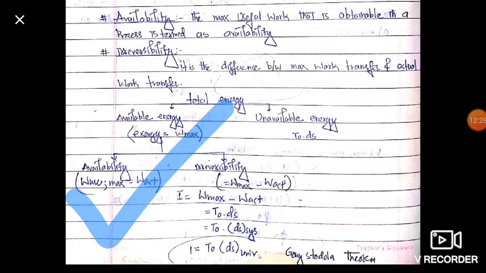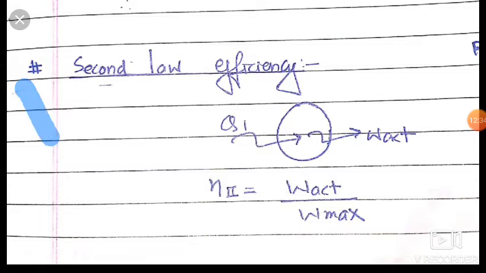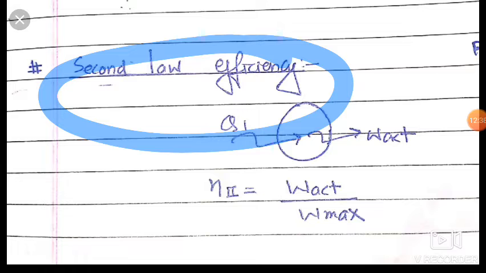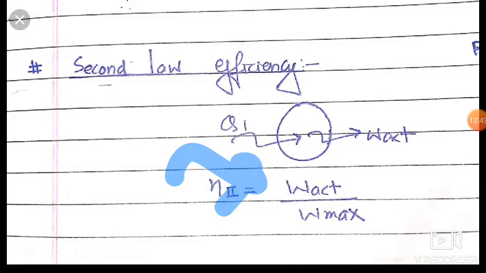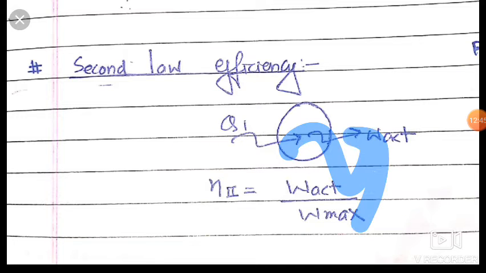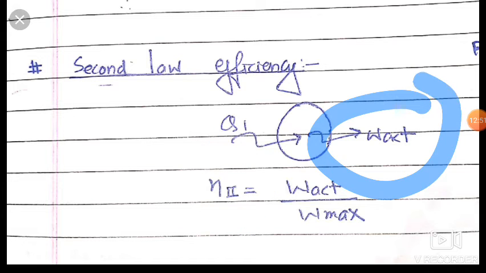Okay dear friends, now we will study second law efficiency. What is second law efficiency? Here there is a cycle, we are supplying Q1 amount of heat and we are getting W actual amount of work. So second law efficiency is equal to W actual upon W maximum.